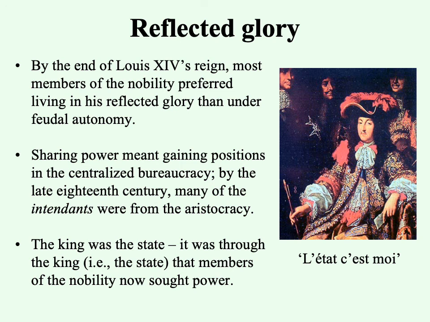I am the state. Everything goes through me. The glory of France is whatever glory I generate. And it is only by serving the state and in effect serving the king that one can achieve any kind of status, any real power. So achieving power is no longer about drawing power away from the king, but rather about pleasing and serving the king and state.